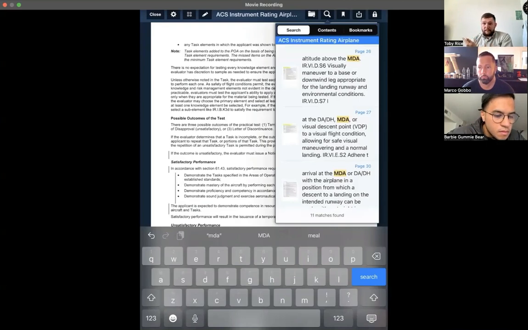Like that's what it says. The test standard literally tells you that you are not going to do perfect, and not perfect also includes the MDA. However, if you do something that is unsafe and you do not fix it, you will fail. And one of the most unsafe things you can do is go below your minimums and not fix it.